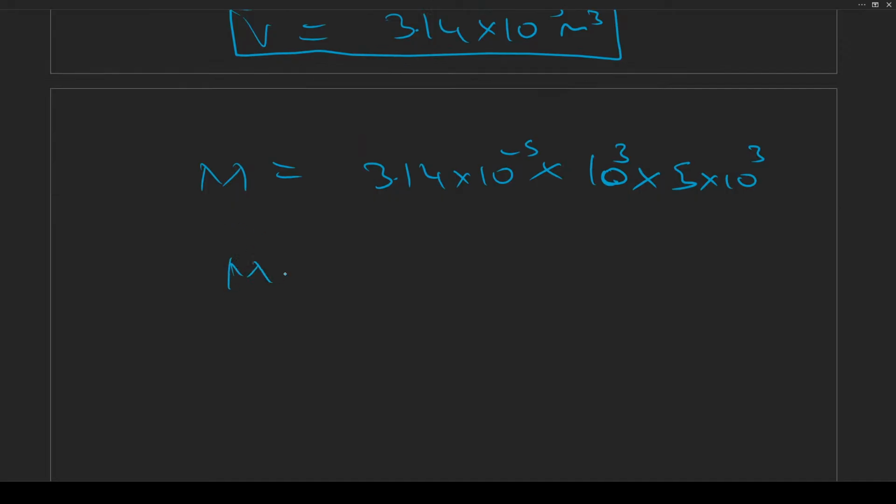So it will be magnetic moment equal to 5 into 3.14 into 10, that is 31 and so on.